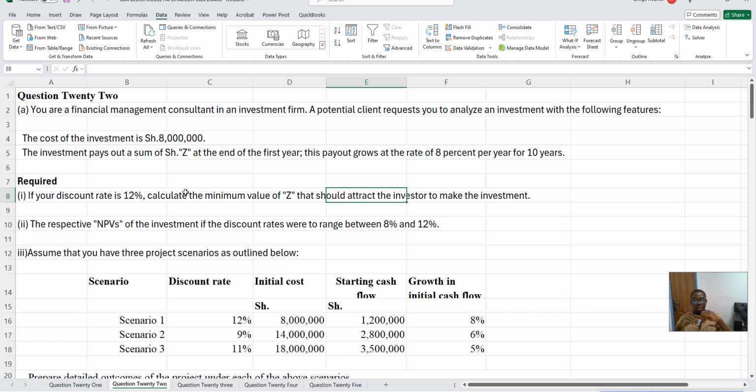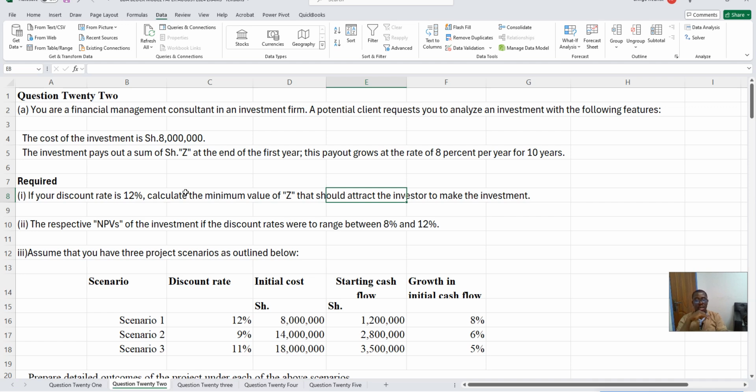Required: if your discount rate is 12%, calculate the minimum value of Z that should attract the investor to make the investment.